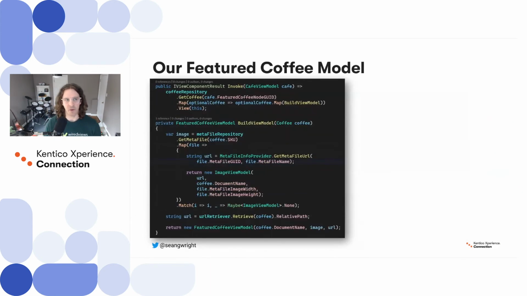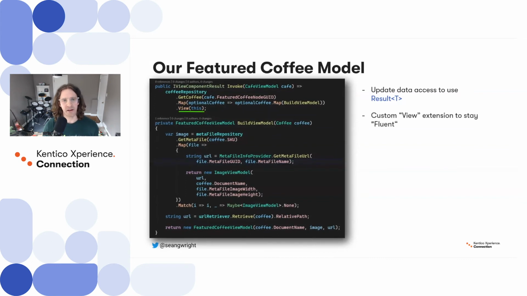So now let's look at how we build up our featured coffee view model. And this is going to be in our view component. The first thing is that we now have a coffee repository that returns a result type instead of null or something else. We add a custom view extension to our application so that we can keep this fluent pattern.